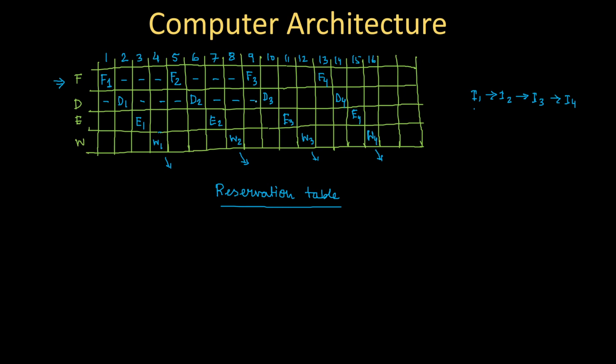Now from this reservation table we can realize a problem, that is we are keeping some stages, actually most of the stages, free at some point of time at a particular clock cycle. For example, if you think about the E part, okay, the E part is something like this, free.